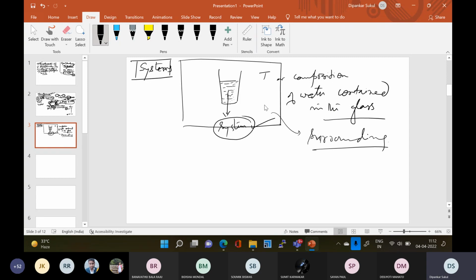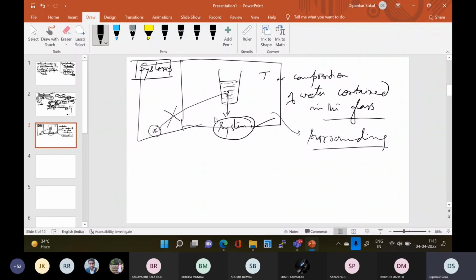Obviously, if you consider anything which is beyond the surrounding, suppose this particular point, can it interact with your system? The answer is no. Because if it can interact with your system, then this should also be included in your surrounding. Anything which can interact with your system in terms of energy and work is included in the surrounding.